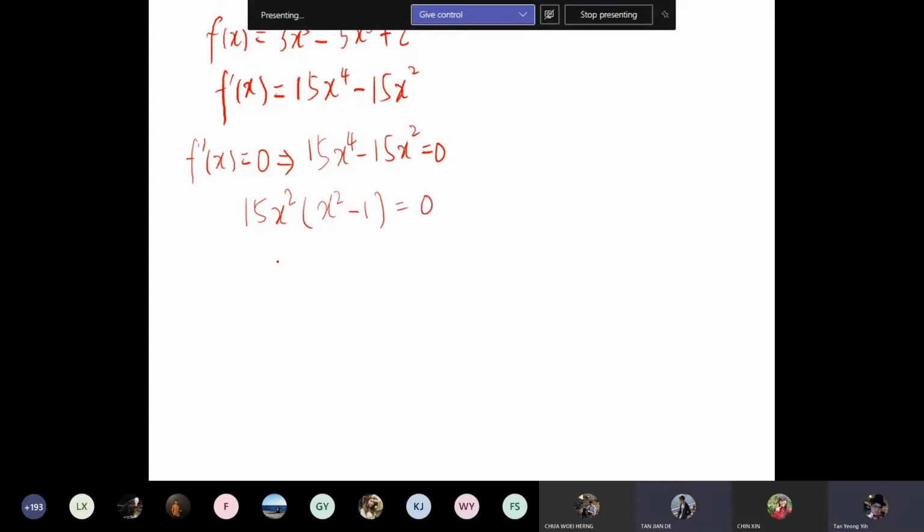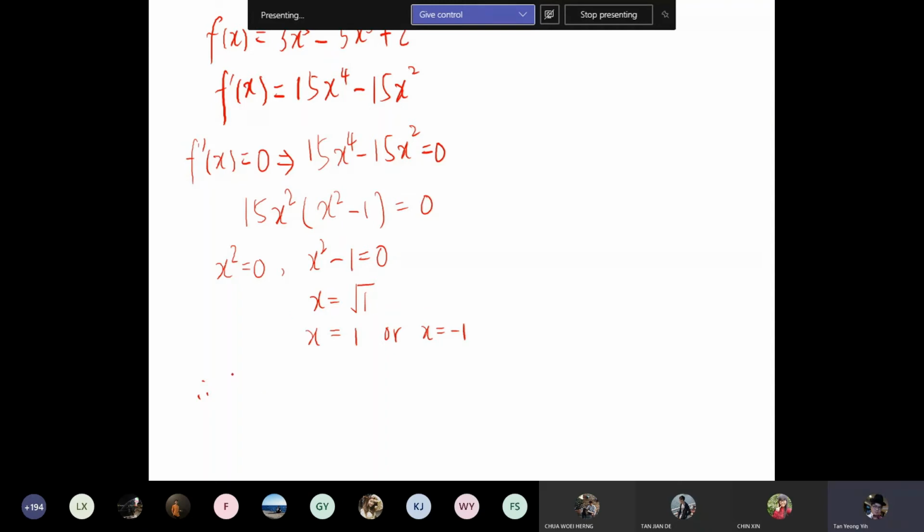So from here, I know my x squared is 0 or x squared minus 1 is 0. And if x squared minus 1 is 0, so x will be the positive or negative square root of 1. So it will be 1 or negative 1.